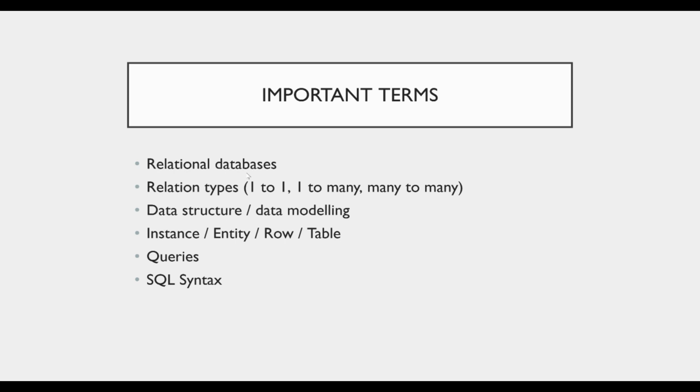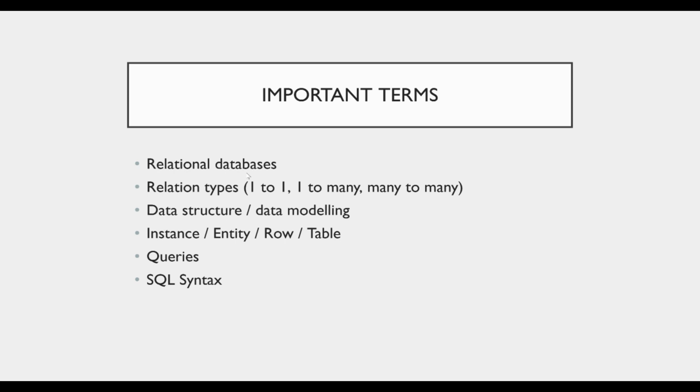It is either one-to-one, one-to-many, or many-to-many. What this means is that I can have a relationship between one instance of a customer, which only has one instance of a password or one instance of a username. This is a one-to-one relationship: one instance of a table has only one instance of another table.